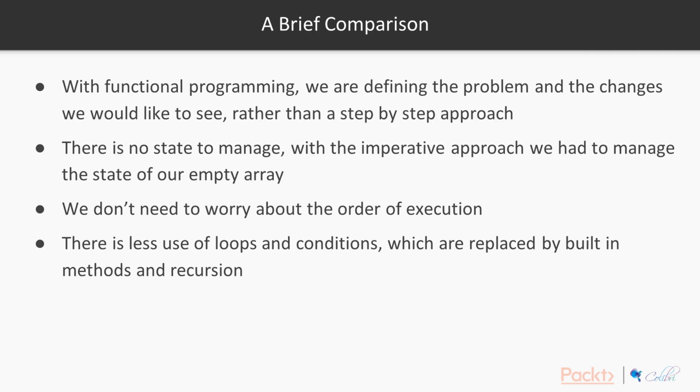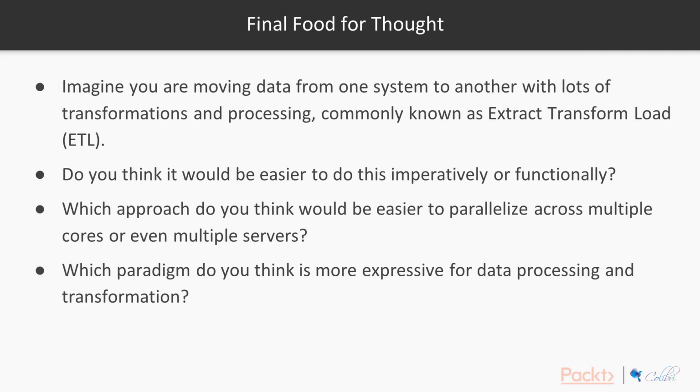We had to make sure it started off as empty, we had to append values to it, we had to make sure it was of the right type. With functional programming, we don't have to do this, and we don't need to worry about the order of execution either. There's less use of loops in general and conditions, and these are replaced by built-in methods like filter that we've seen and recursion. So a last little bit of food for thought for this video, and then we'll wrap up.